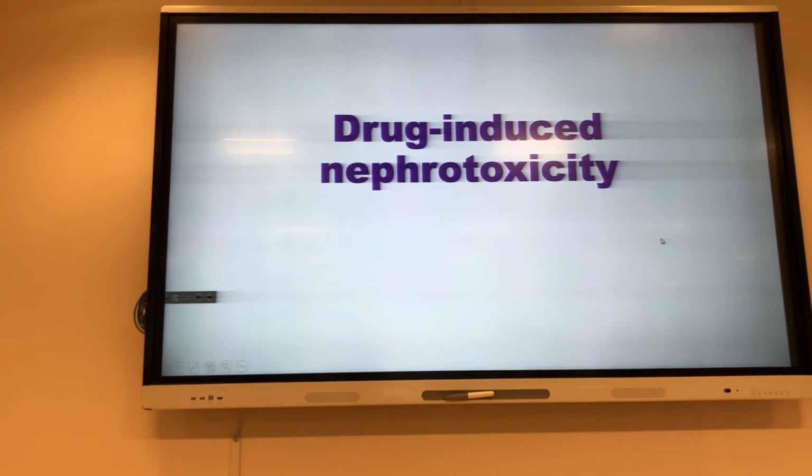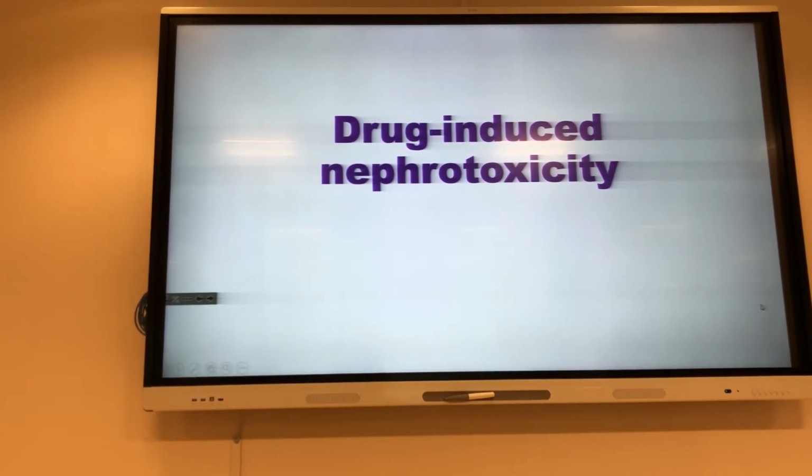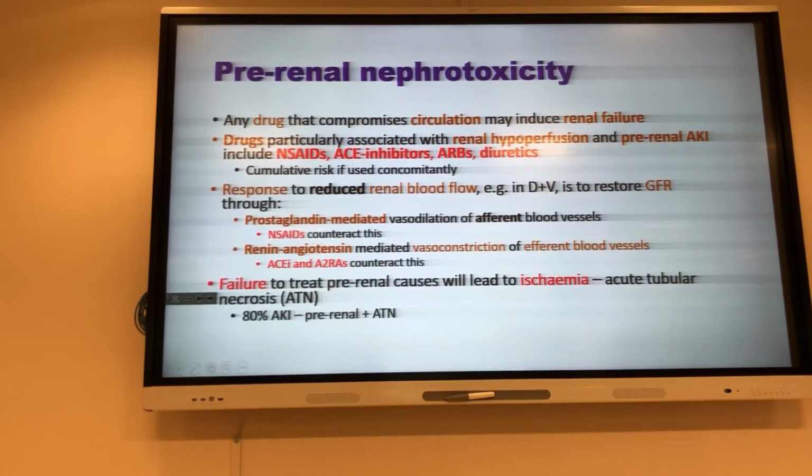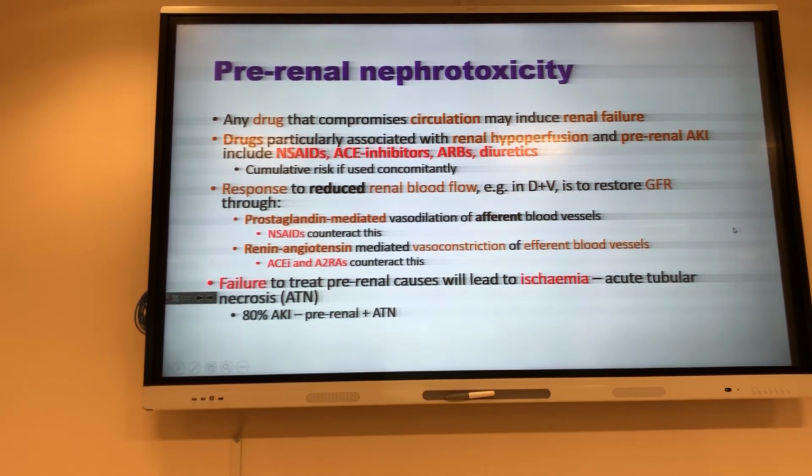So we have other types of kidney injuries, insults, that can occur due to drug-induced nephrotoxicity. These are drugs that compromise the circulation and can cause renal failure. As I mentioned before, these are NSAIDs, ACE inhibitors, ARBs, and diuretics.